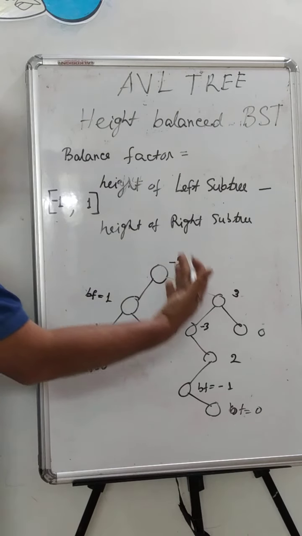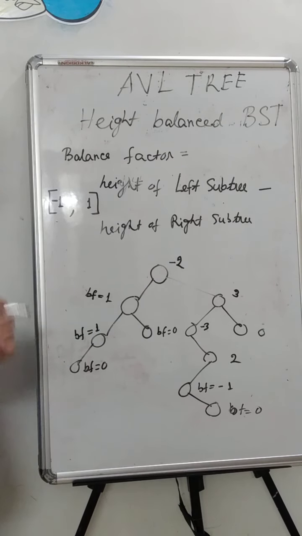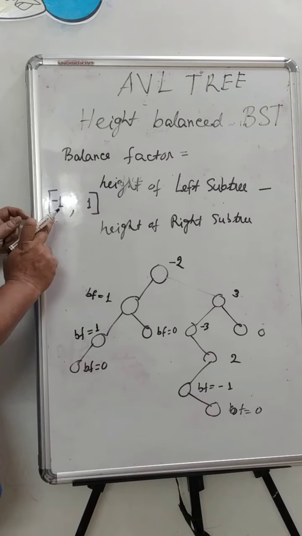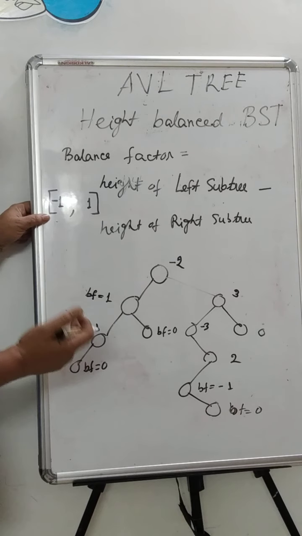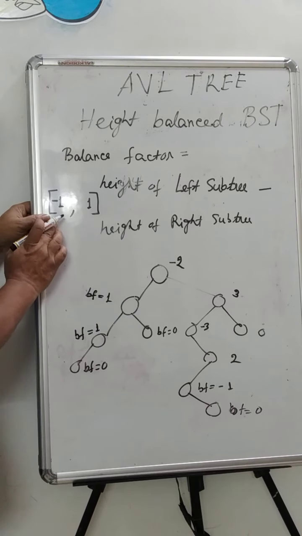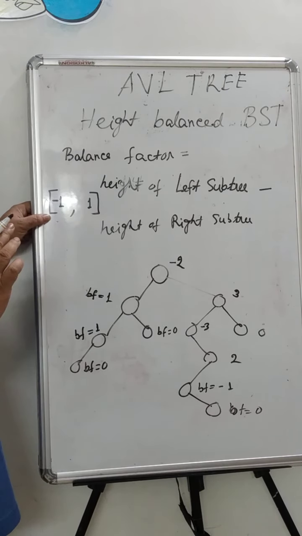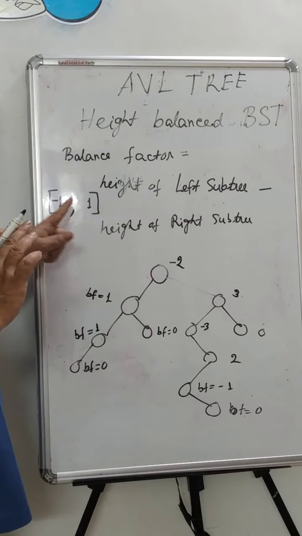Definitely the balance factors cannot be fractional values, they must be integers. So the only allowed balance factors are -1, 0 and +1.